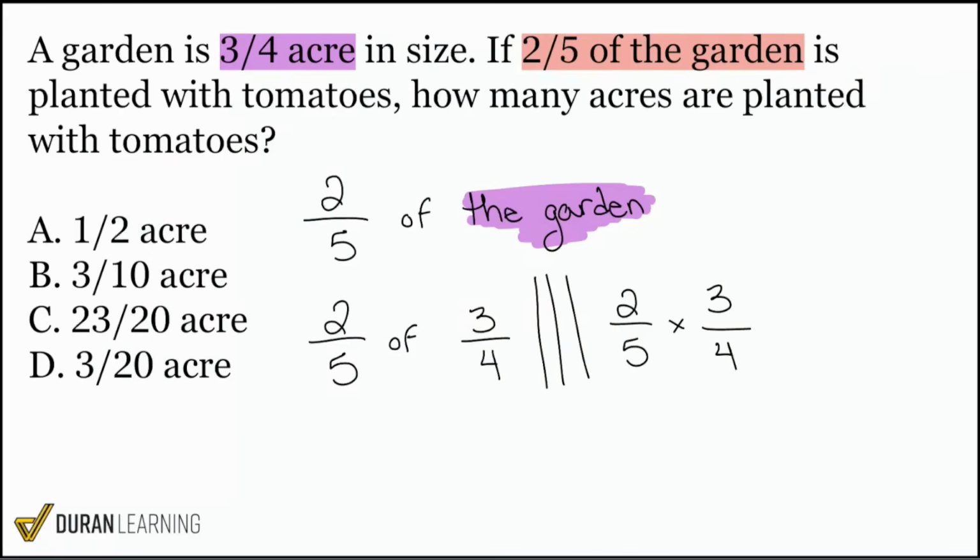This is going to be multiplication strictly because we are saying 2/5 of the garden, and the garden is this size. It's like saying, hey, if I had 2 of these $10 bills, that's $10 times 2. If I said I had 3 cartons of eggs, I would take however many eggs are in a carton, multiply it by 3.